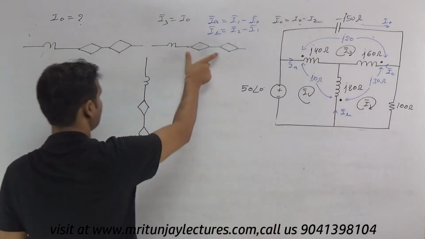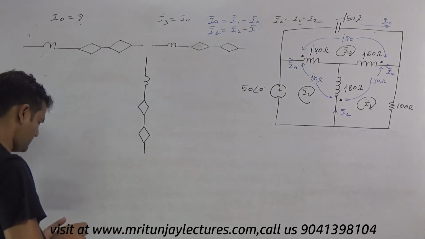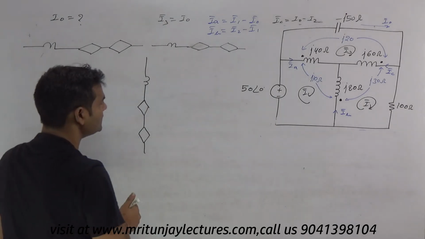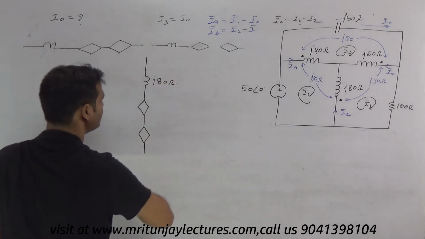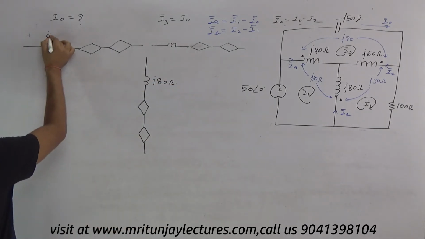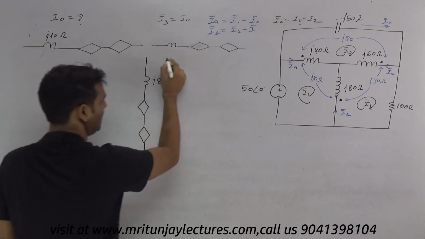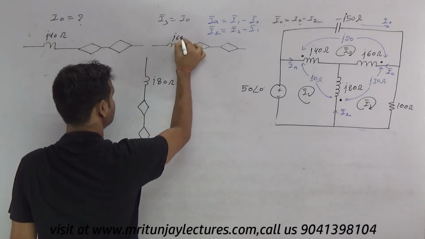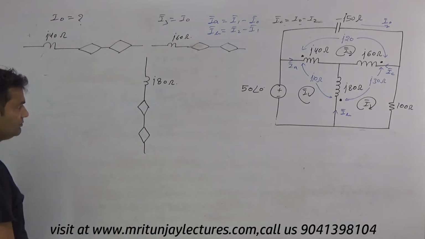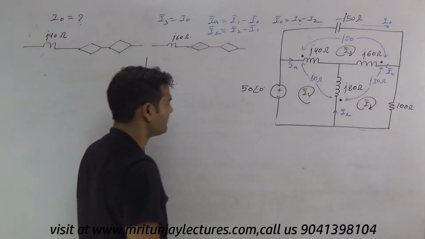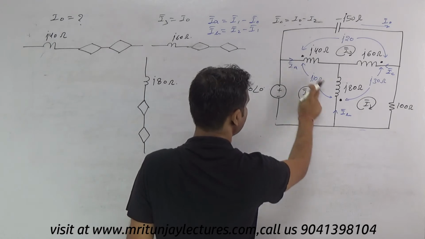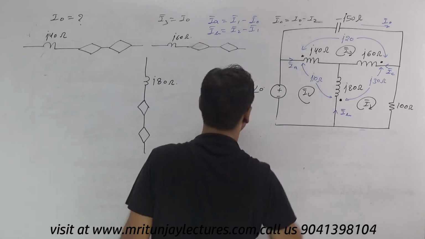That's why I make it like this. Now another way, that is J80 ohm, here J40 ohm, and here J60 ohm. Clear? Now how can we check polarity and IA effect on IB?